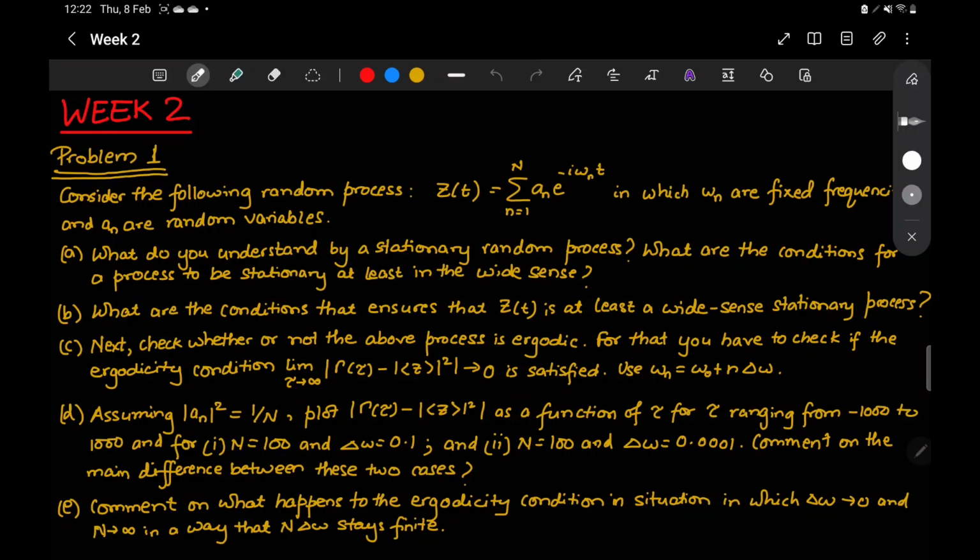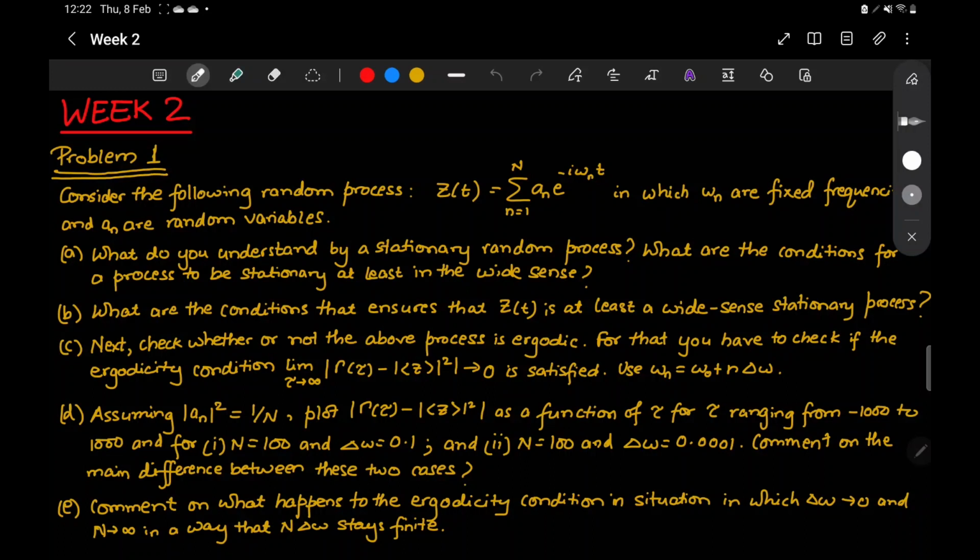Assuming, the next part says, assuming mod a_n squared equals 1 over N, then we are supposed to plot this term, which is essential for the ergodicity condition, that is mod of gamma(tau) minus expectation z mod squared, as a function of tau for tau ranging from minus 1000 to 1000, and we are given some conditions on N and delta omega.